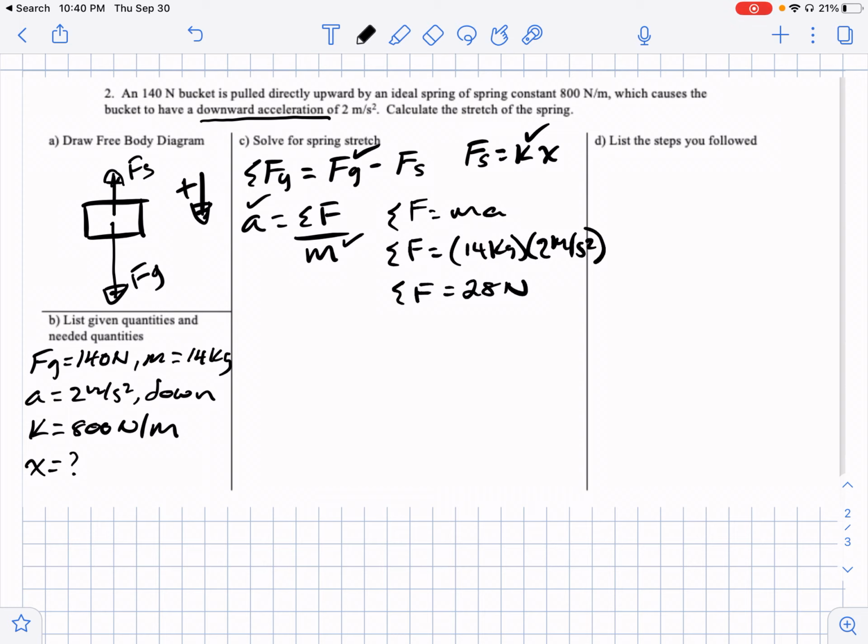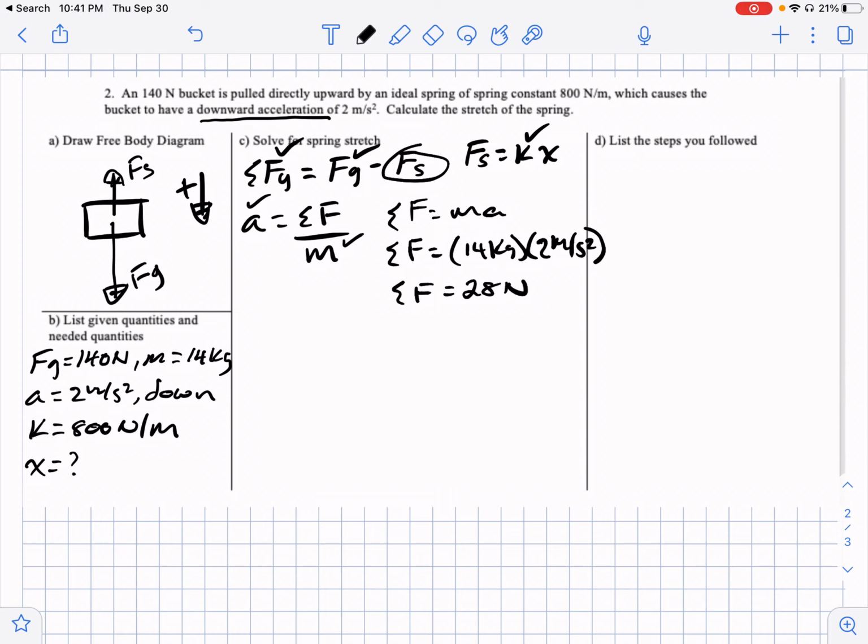So now, looking at that net force equation, we have the net force, we have the weight, so we can solve for the force of the spring. If we rearrange that net force equation up there, I could add the force of the spring over and then subtract the net force.